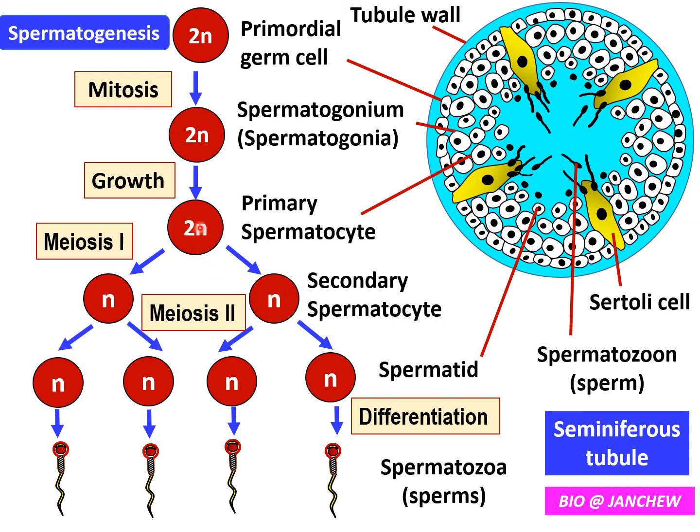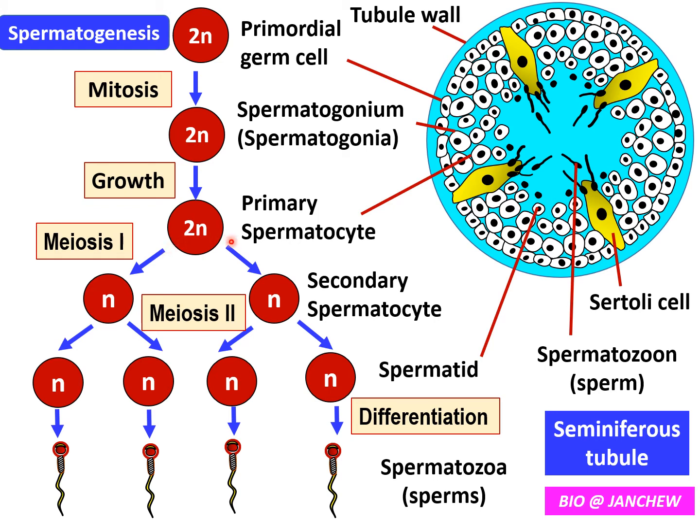Okay, so the conversion from the diploid state to the haploid state occurs here in meiosis 1, when the primary spermatocyte undergoes meiosis 1 to form secondary spermatocyte. This is because during meiosis 1, the homologous chromosomes will separate and move to opposite poles and also into opposite cells.